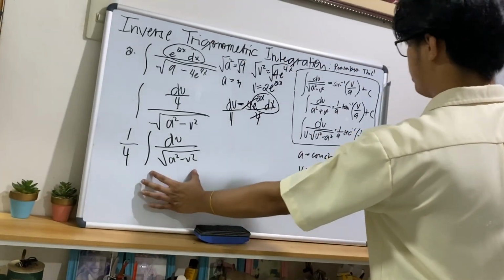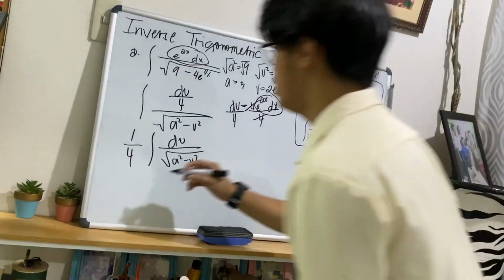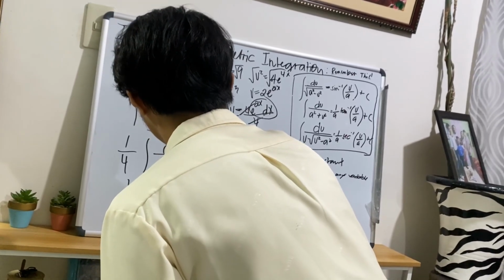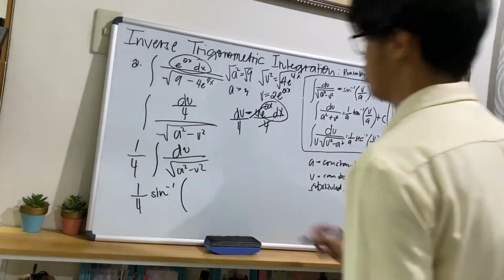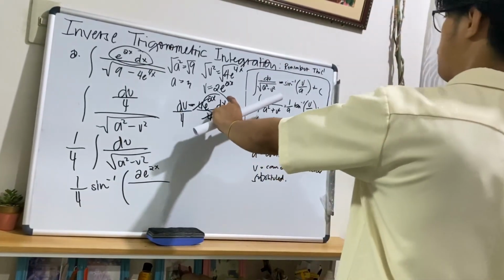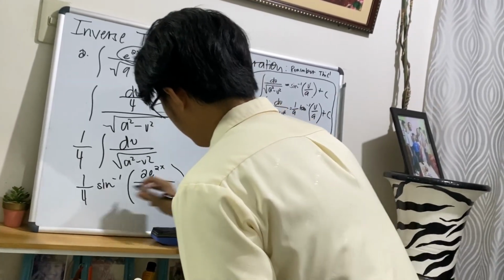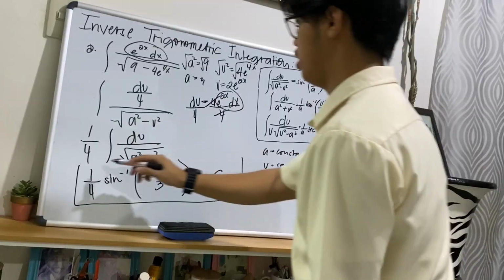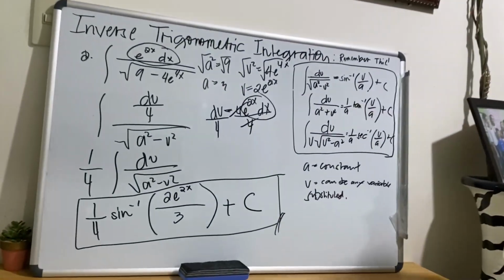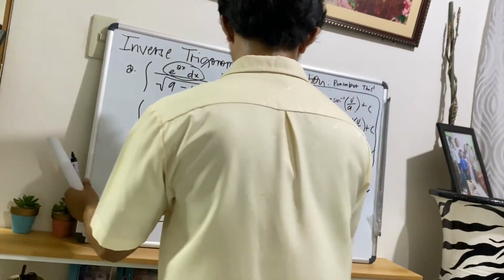This now refers to this formula, arc sine. So we just follow the sine. Our u is e to the 2x, and our a is 3. We have now our final answer for this problem. So let's have example number 3.